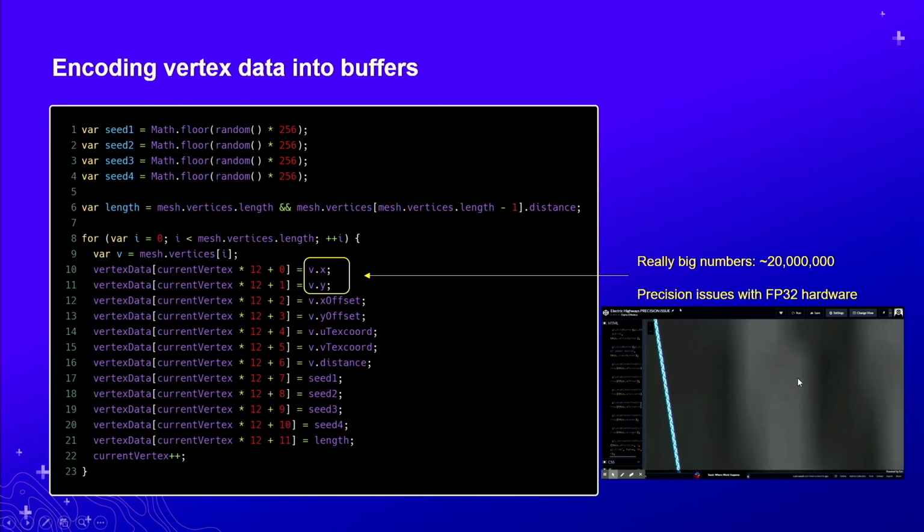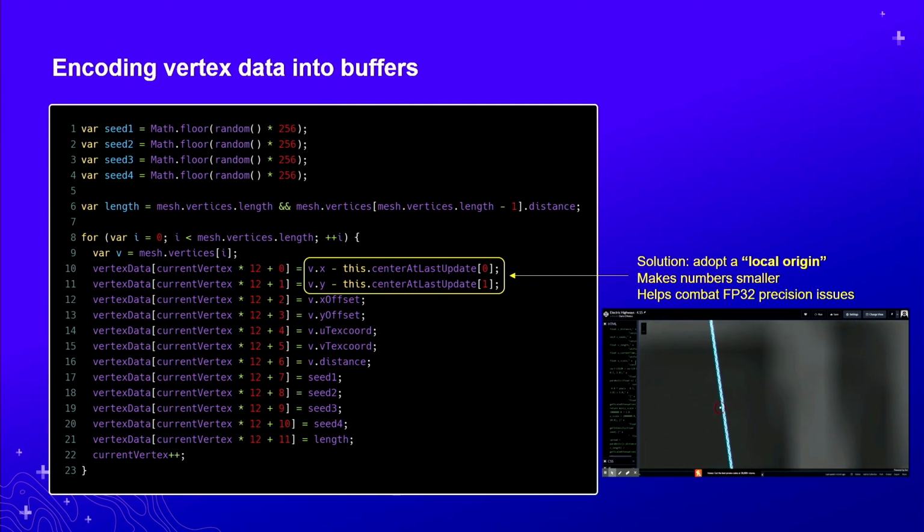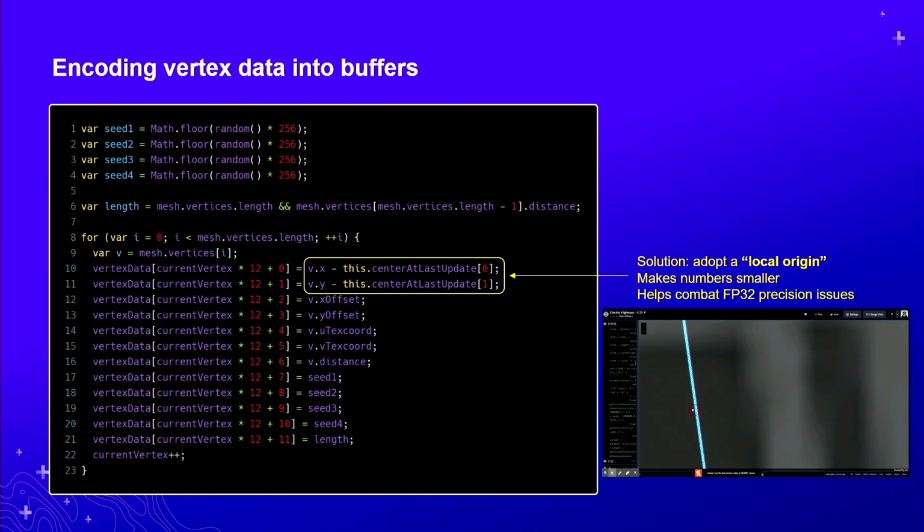So what we actually do to combat this problem is we adopt a local origin. Every time that the view becomes stationary, we assume the center of the view as the new local origin, and we encode attributes which are relative to that local origin. This keeps the numbers smaller.